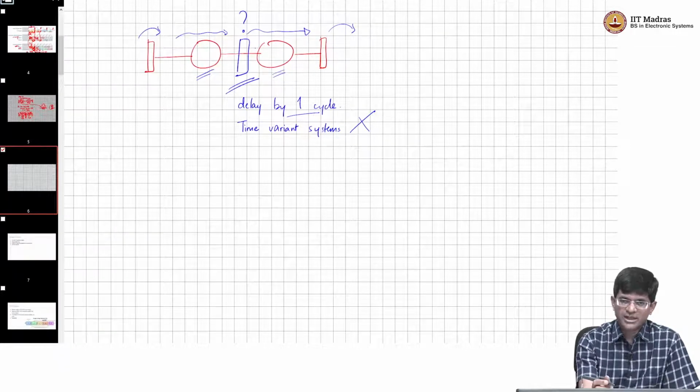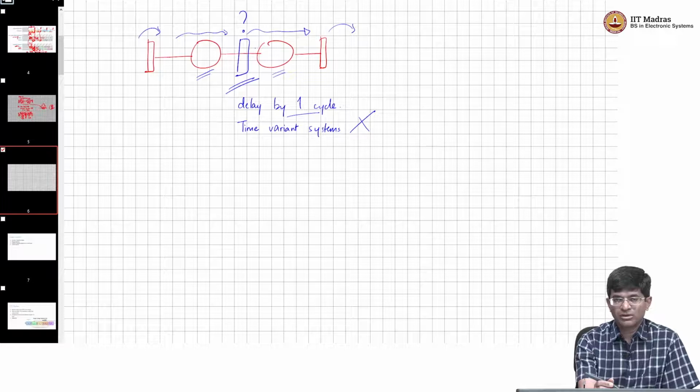Now, combinational logic by its very nature is time invariant, right. Adders, multipliers, they do not depend on what time you give the input to them, they will always produce the same output, which means that for most of the regular kinds of digital logic that we are trying to implement, this is actually a perfectly valid thing to do, right.